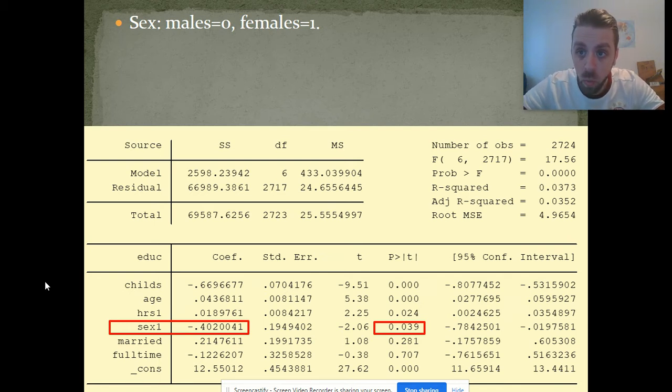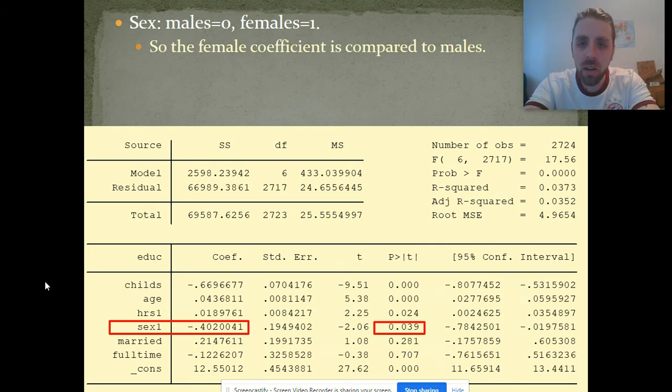How do I know what's being referred to what? Group 1 is always compared to group 0. Group 0 is the reference group. So the female coefficient is compared to males.